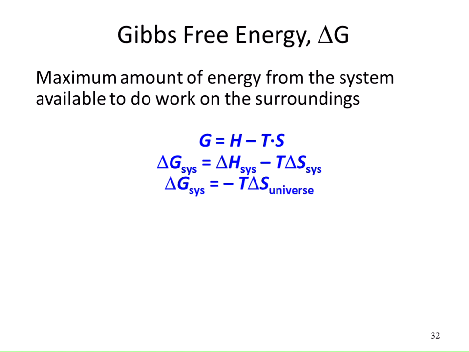And the change in free energy of a system is going to be equal to the negative T delta S, so the temperature times the change in entropy of the universe. And we can also find the delta G of a reaction, where we take the sum of the delta G's of the products minus the sum of the delta G's of the reactants.